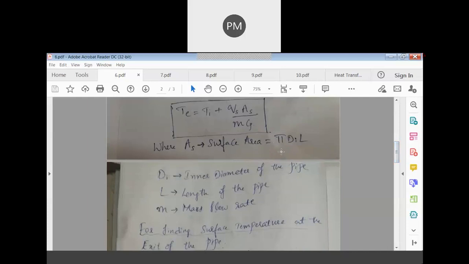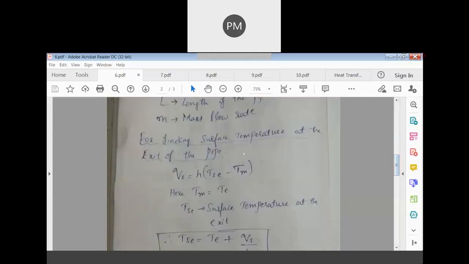Here di represents the inner diameter of the pipe, L represents the length of the pipe, and m is the mass flow rate. How will you find the surface temperature of the tube at the exit of the pipe? Surface temperature at the exit of the pipe, as I told you, q is equal to h into (Ts minus Tm). Here I have written the suffix Tse. E represents the exit temperature of the surface of the tube.